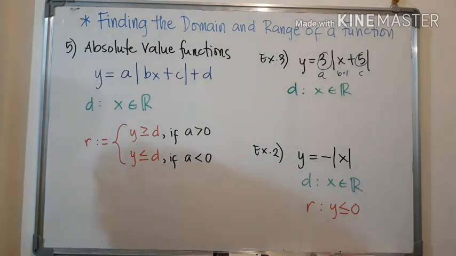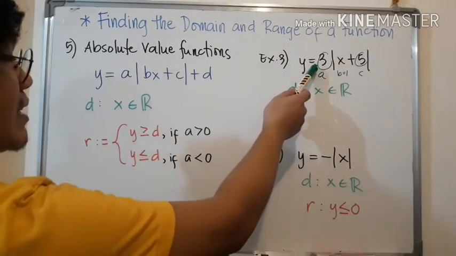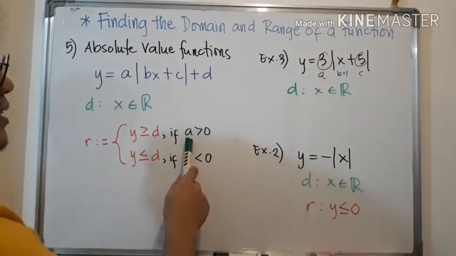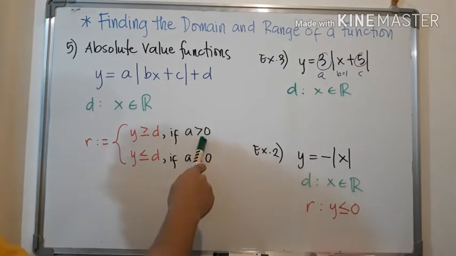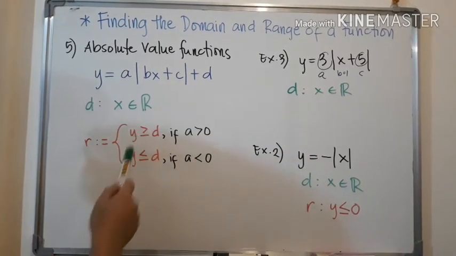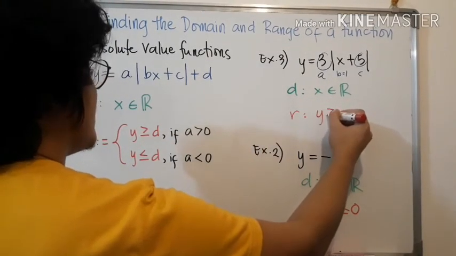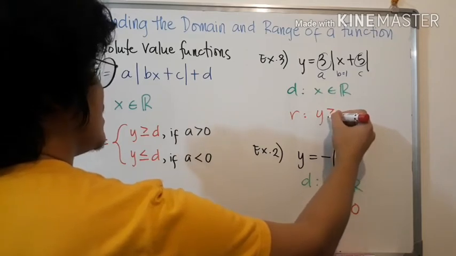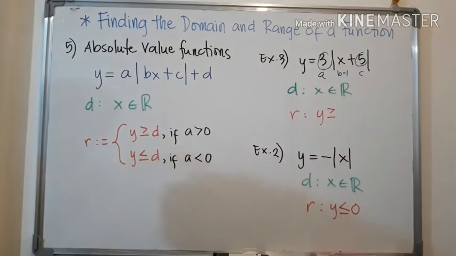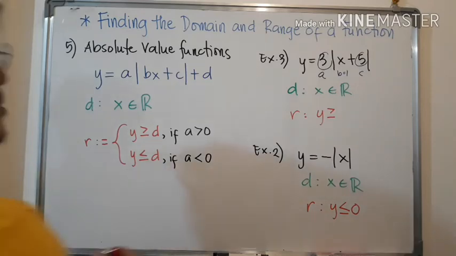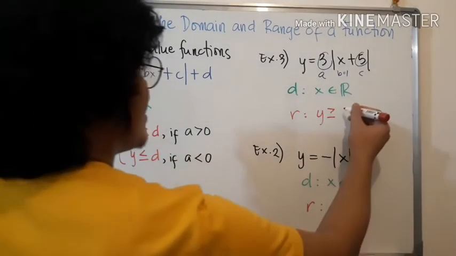How about the range? Okay, so take note, our a is equal to positive 3. So our a is a positive number. So we'll make use of the first case. So the range is the set of all y's greater than or equal to 0.